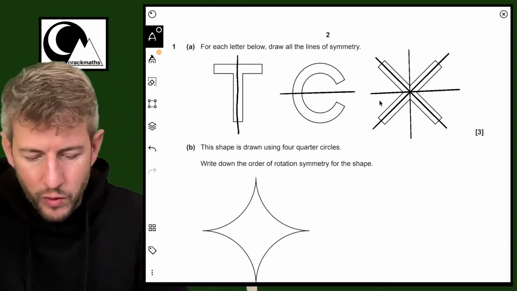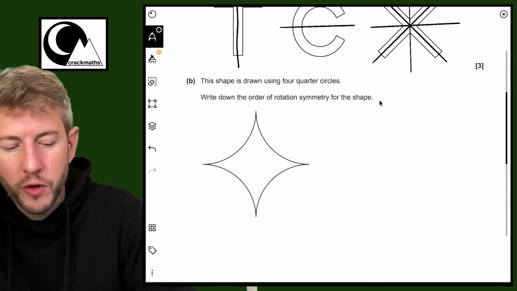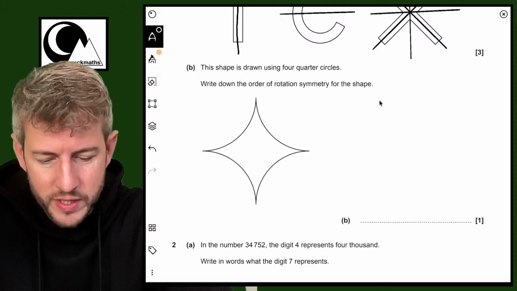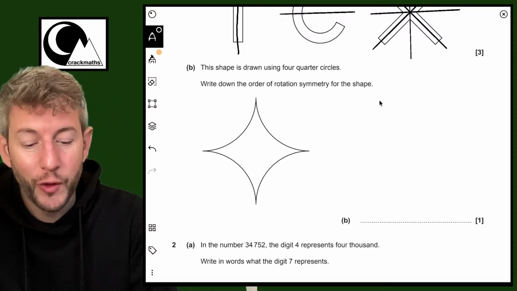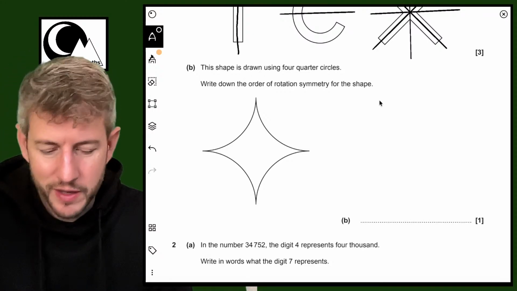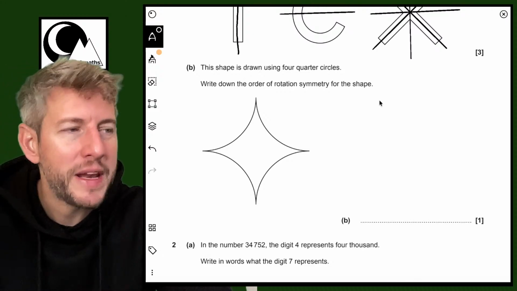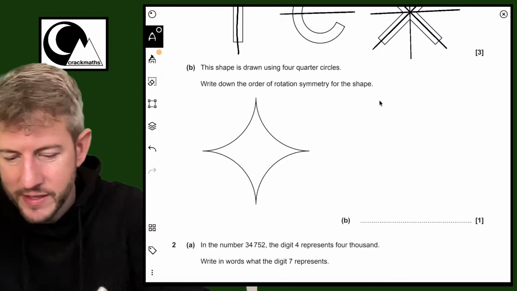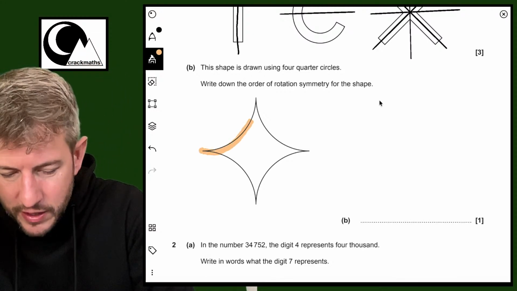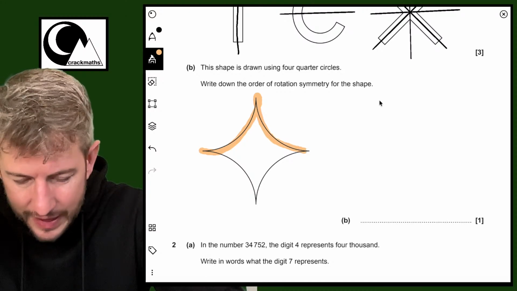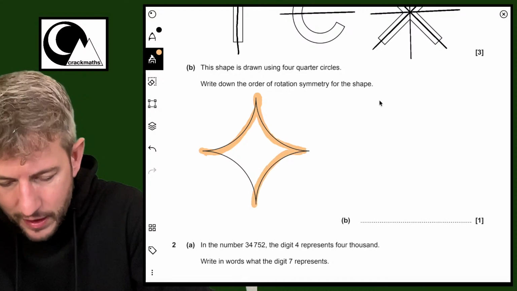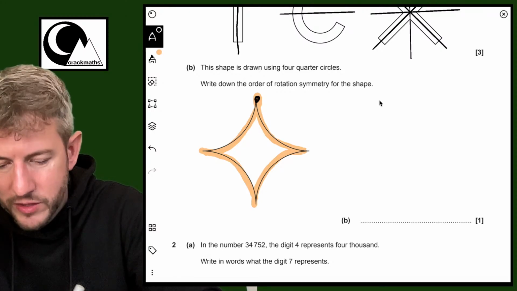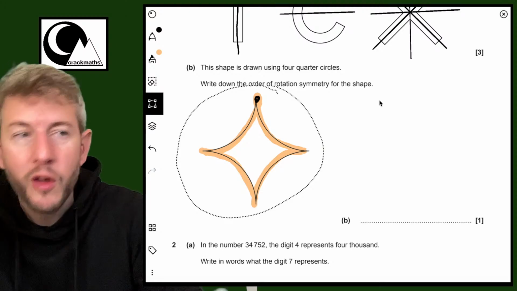Okay, great. Right, part B we've got here, which is this shape is drawn using 4 quarter circles. Write down the order of rotational symmetry. Rotational symmetry is how many times you can spin it round and it gets back to the same place. So I'm going to draw this outline over here and make a mark at this top one, and we can see how many times we can spin this round.